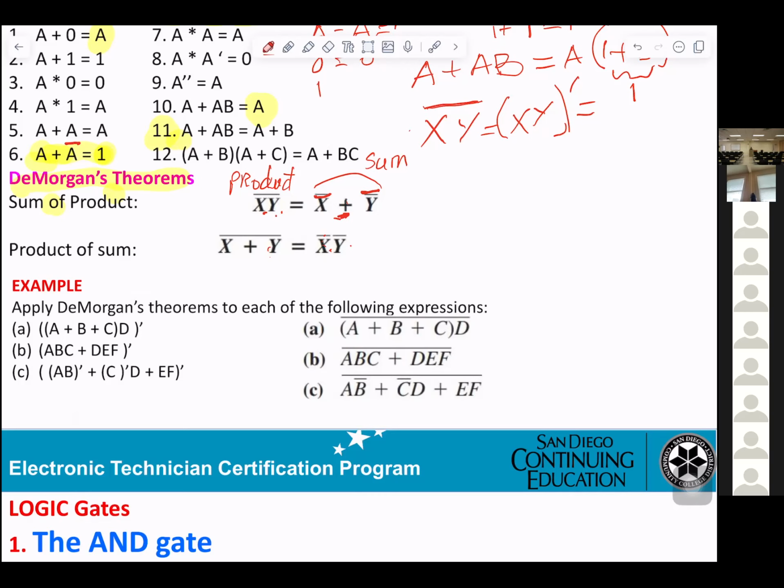Let's see, A or not B, not C, everything times D. You open here, you close here, everything will be not.